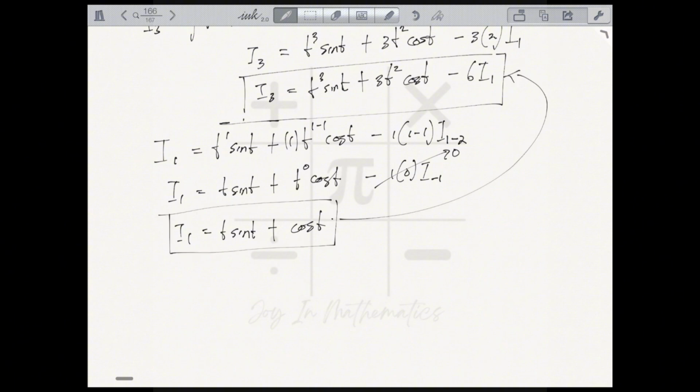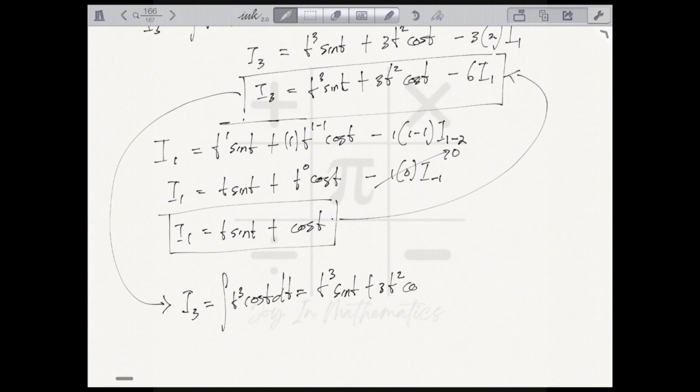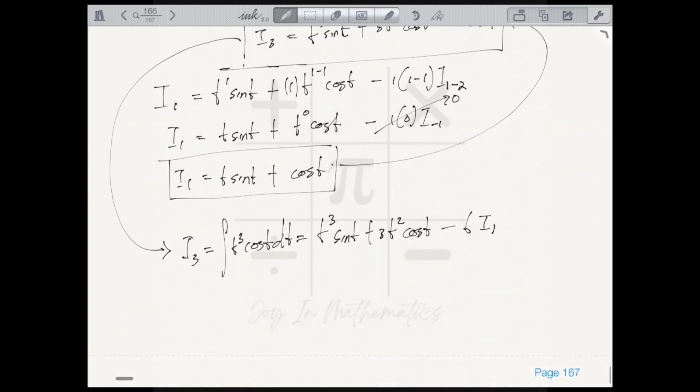We can now substitute into I_3, which is the same thing as the integral of t^3 cos t with respect to t, and it will be t^3 sin t plus 3t^2 cos t minus 6 I_1. Now let's make our substitution of I_1. So this gives us t^3 sin t plus 3t^2 cos t minus 6 into (t sin t plus cos t).